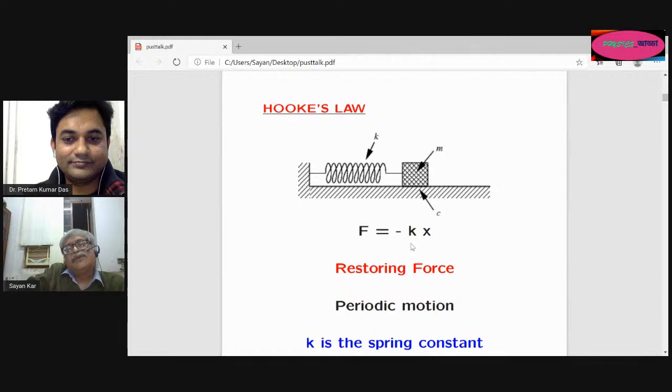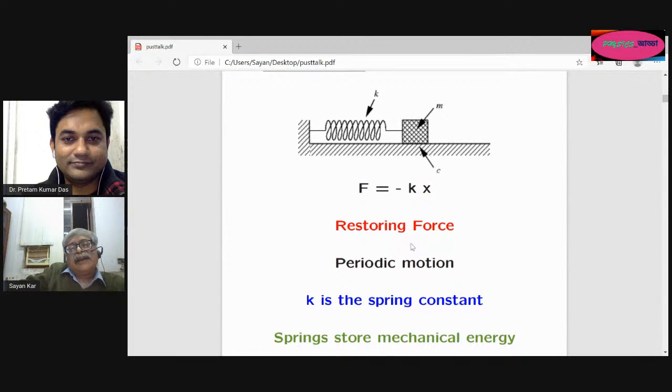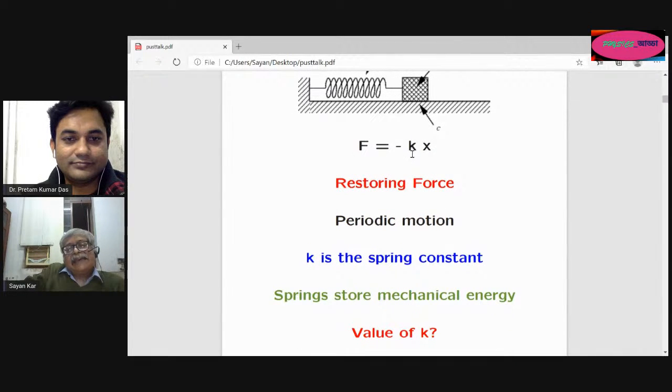If you use Newton's laws of motion, then you write F as equal to mass into acceleration, and from there you can find out the nature of the motion of a mass m attached to a spring. So here the quantity K that you see over here is what is known as the spring constant.